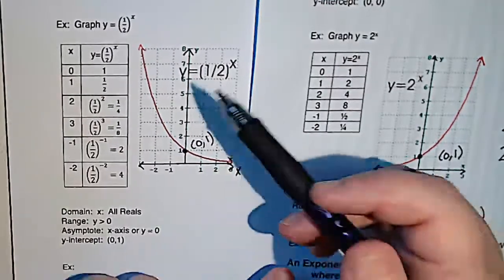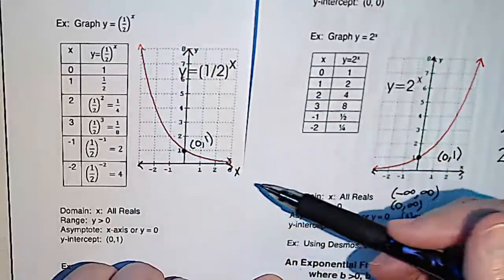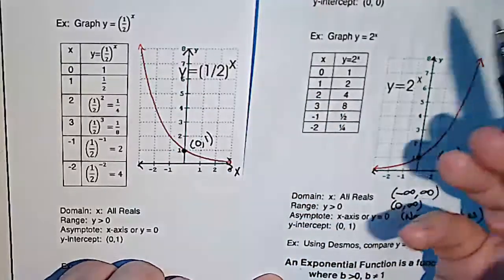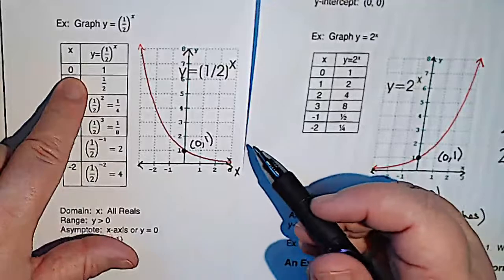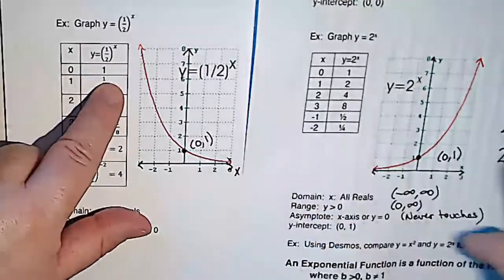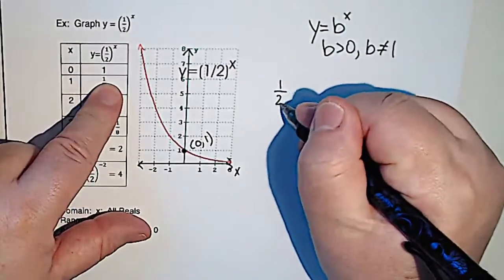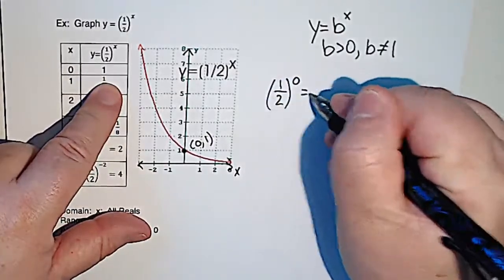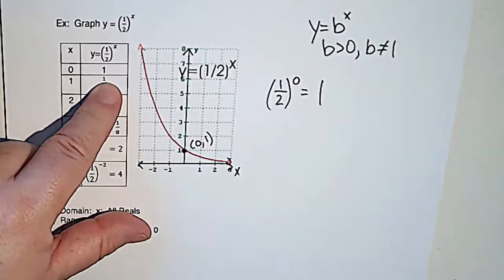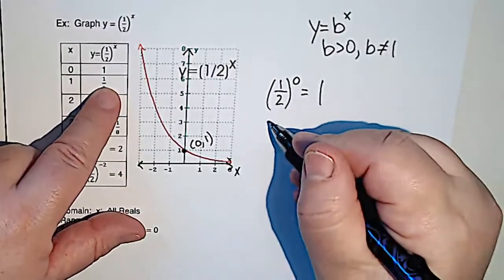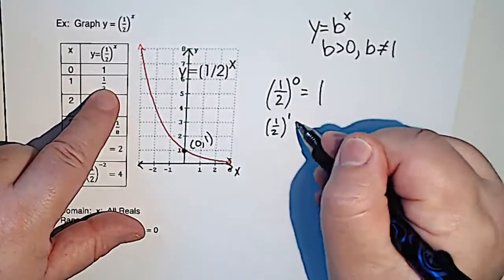Now, why is this one big on the left and small on the right? Let's look at the values. When x is 0, 1/2 to the 0th power is 1. That's true for everybody. Anything to the 0th is 1. But what is 1/2 to the 1st power?